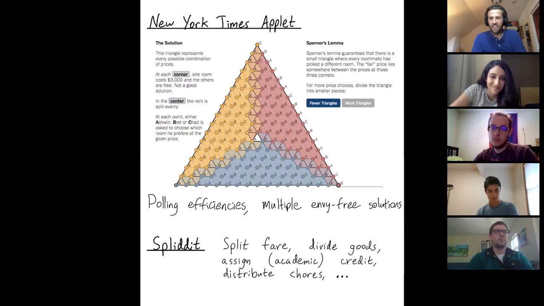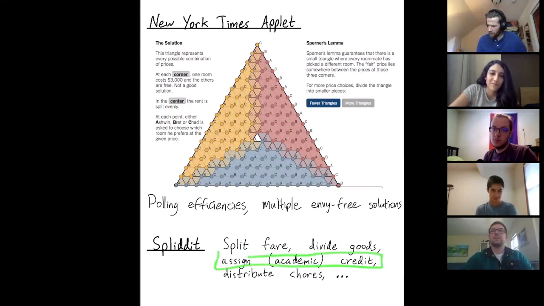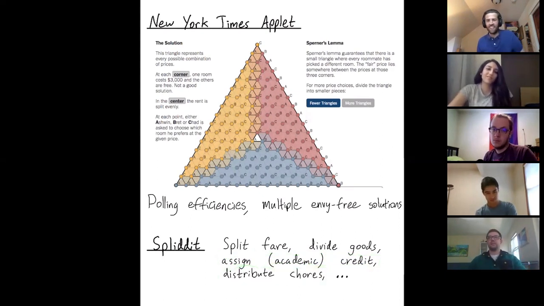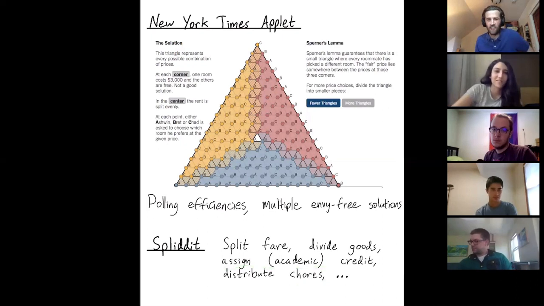Luckily in math we don't have to worry about this, but author order is a big thing in other fields. So you can fill out how much you think your various collaborators contributed on a project. And then there's, I don't know if it's envy-free, but some version of envy-free division of how to split up the ordering of the author list. You can distribute chores, who needs to clean the office, etc.